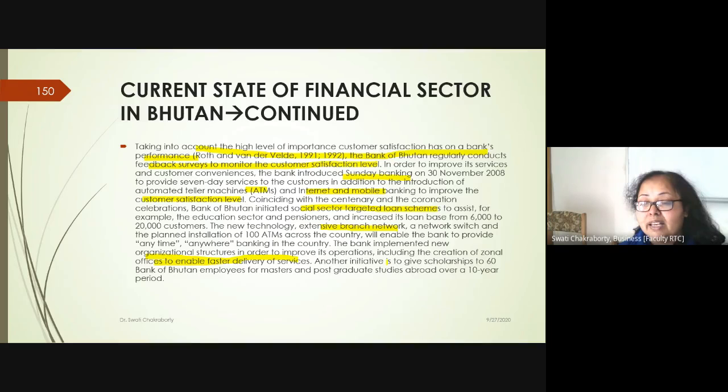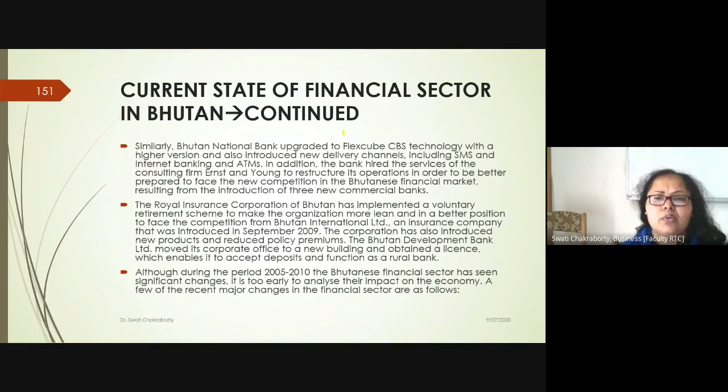It is also today giving scholarships to 60 BOB employees for masters and postgraduate studies abroad for a 10-year period, right? Similarly, Bhutan National Bank was also upgraded to FlexCube CBS technology with a higher version. They have also introduced new delivery channels, that is SMS, internet banking, ATMs.